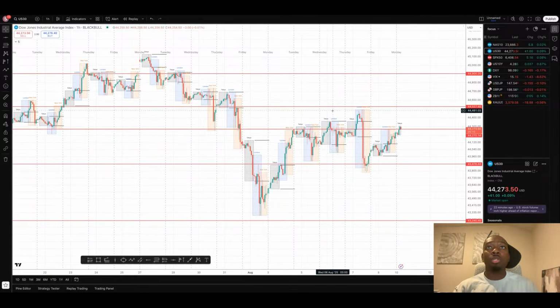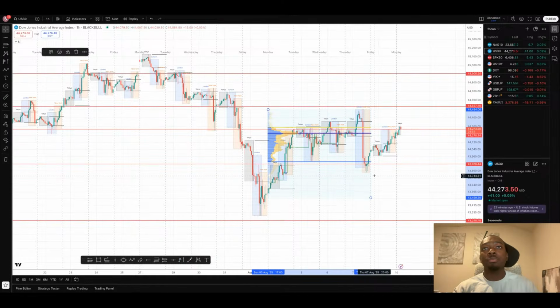But what I want to do is use my volume tool and mark out from last Monday to last Friday, knocking out some key levels where volume was definitely prevalent. I don't even know if I said that right, but y'all know what I'm talking about. All right, I got some key levels.